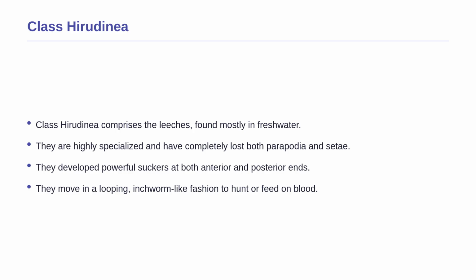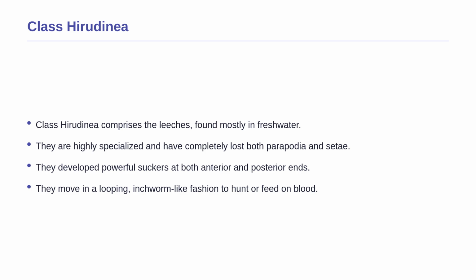The third and final major class takes a highly specialized evolutionary path, class Hirudinea, which comprises the leeches. During their evolution, leeches completely lost both the fleshy parapodia and the bristly setae. Instead, they developed powerful suckers at both the anterior and posterior ends of their bodies.